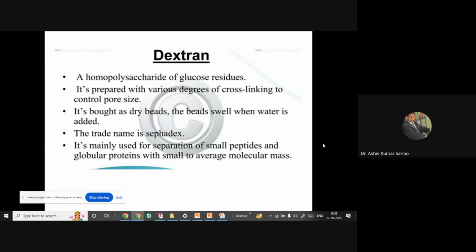So this is all about dextrans: a homopolysaccharide of glucose residues, prepared with various degrees of cross-linking to control pore size, supplied as dry beads that swell with water.